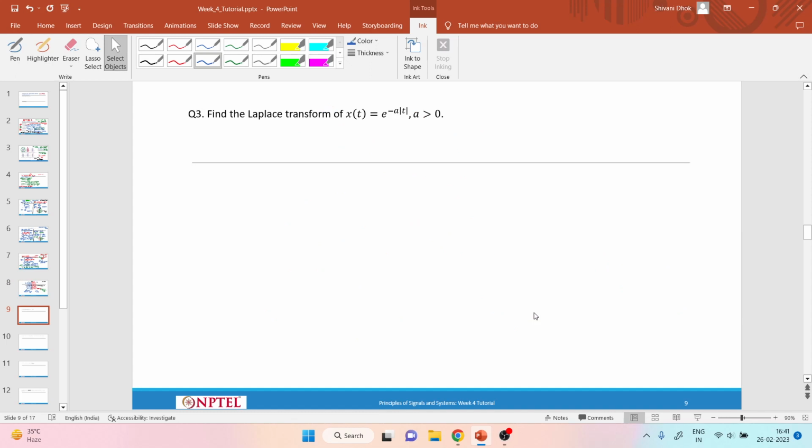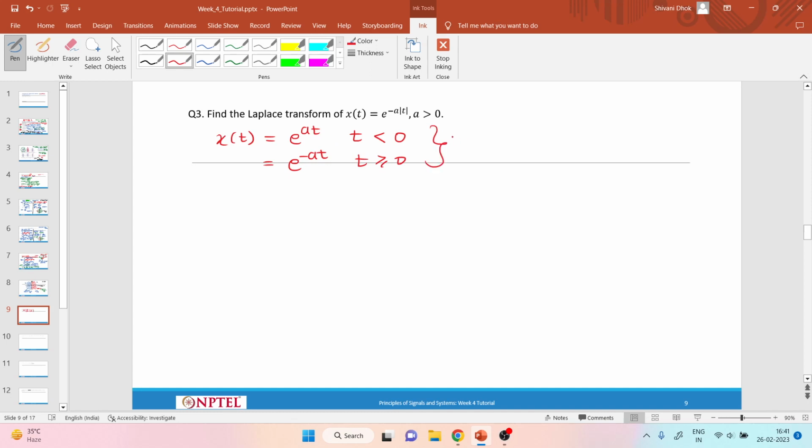If that is clear, I'll move on to the next question then. The next question that we are considering is this: we need to find the Laplace transform of x of t equal to e power minus a mod t. So if I consider x of t is equal to e power minus a mod t, this is equal to e power at if t is less than 0, and this is equal to e power minus at if t is greater than or equal to 0.